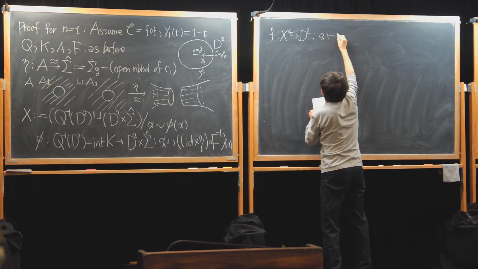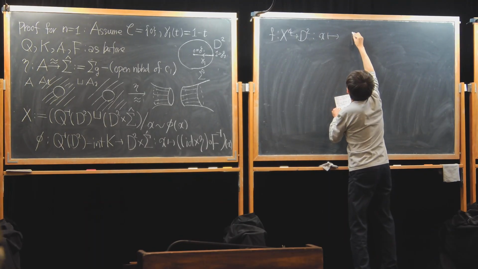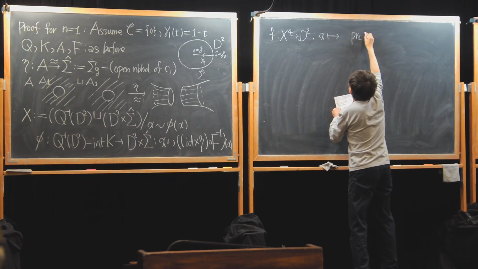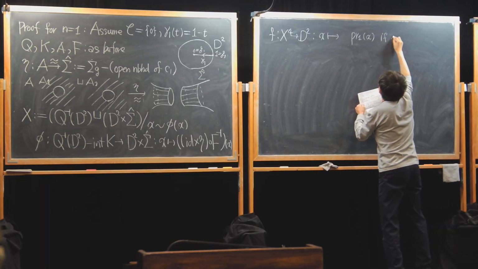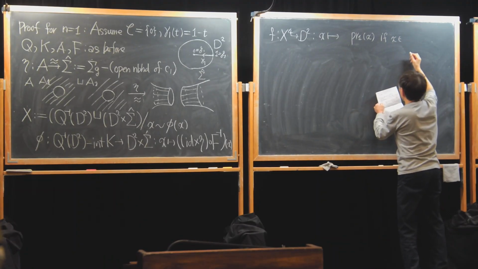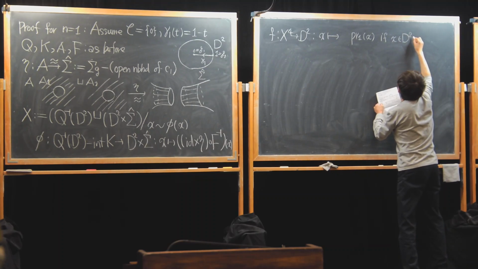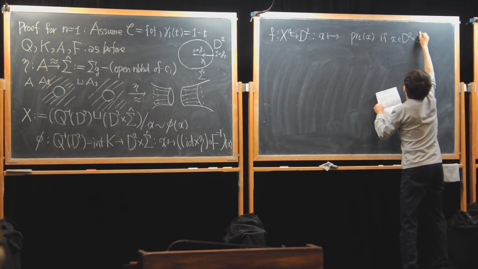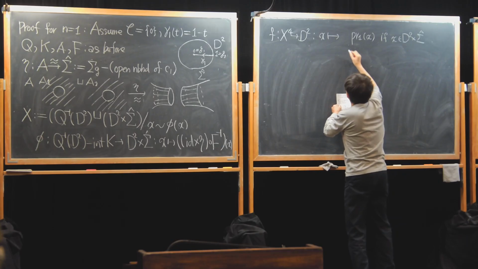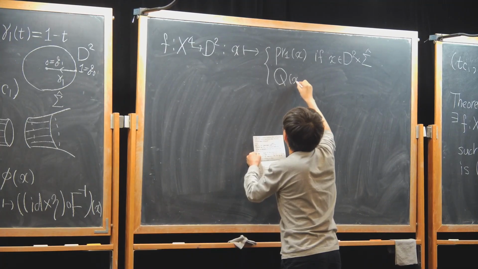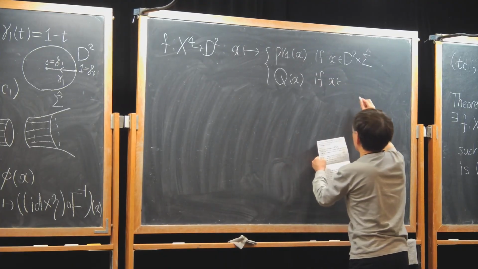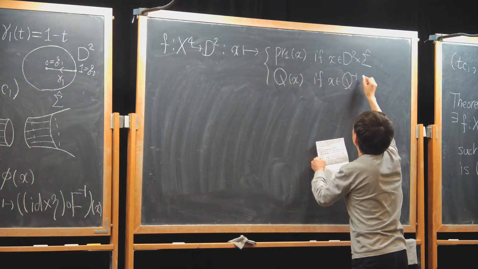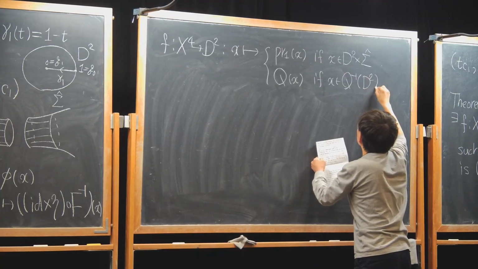So x maps to the first projection of x if x belongs to D2 times sigma hat, and Q of x if x belongs to the preimage of D2.